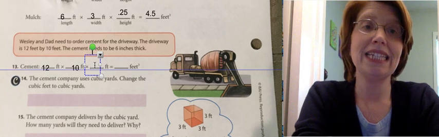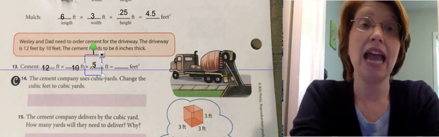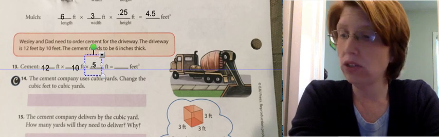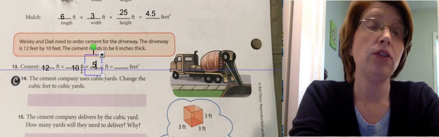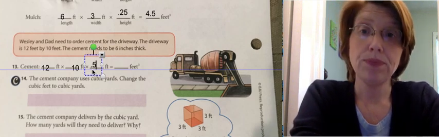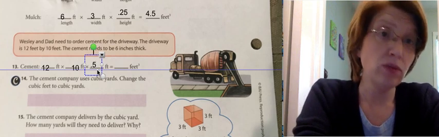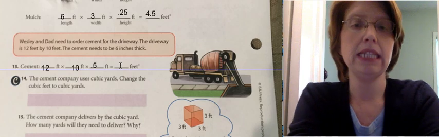So they want it 6 inches thick, so that is 0.5 feet. That's half. Okay, so when I multiply those together, I get 12 times 10, which is 120, and then times half, which would be taking half of 120, which would give me 60 feet.